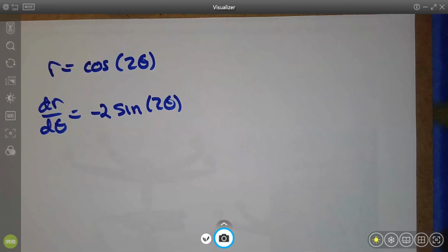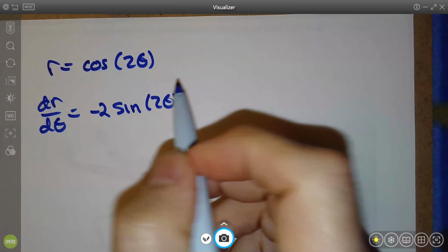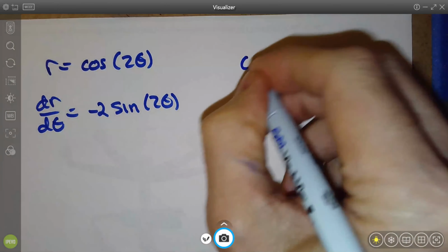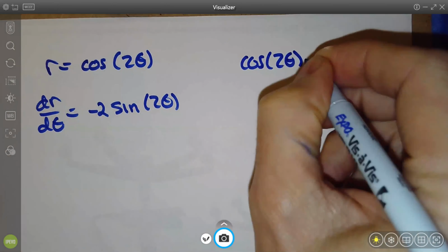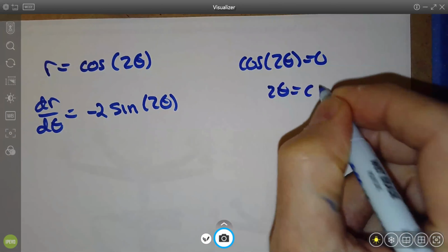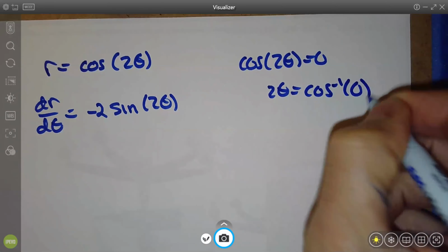The big question is, where do I integrate? And I'm going to integrate starting at 0, because at 0, you're going to be right out at the edge of your clover here, and it's going to start coming back. The question is, how far do I have to integrate to get back to the origin? So that's going to happen when cosine of 2 theta is 0, or 2 theta equals the inverse cosine of 0.